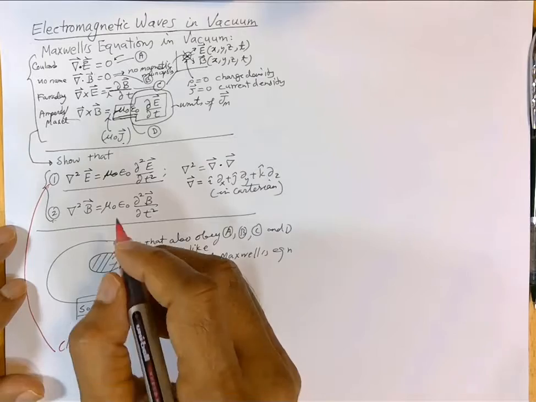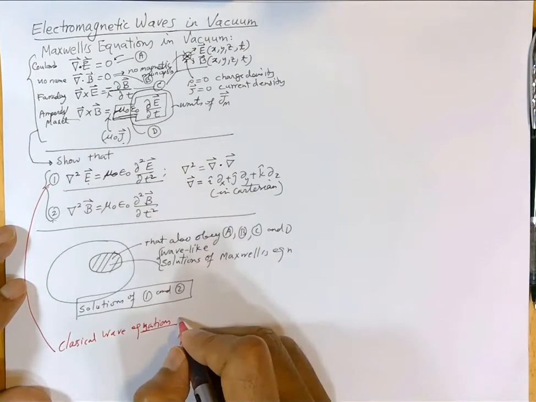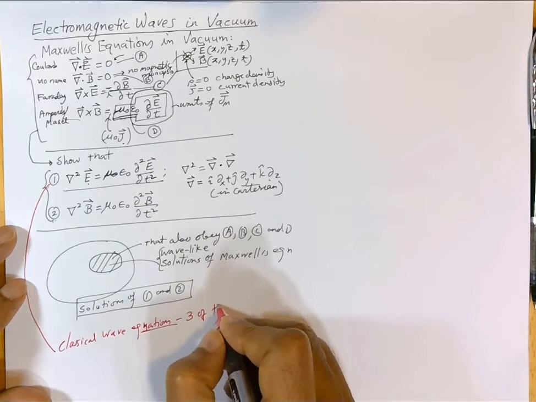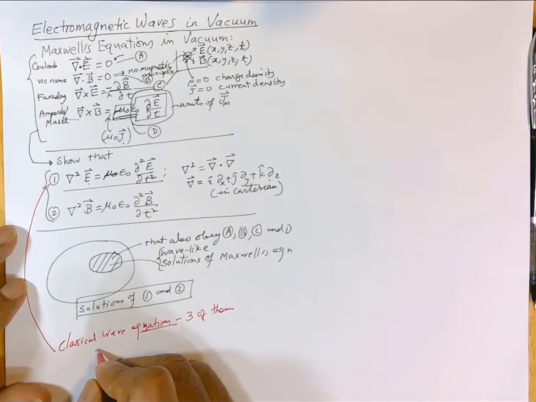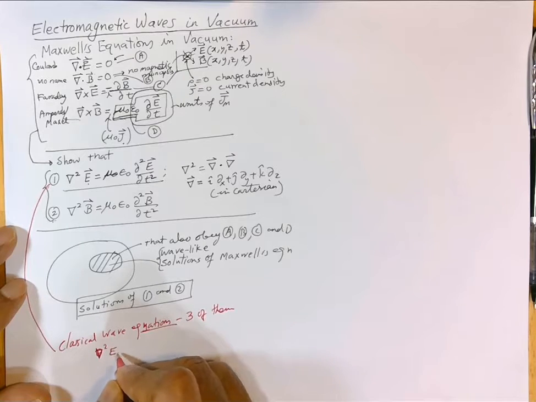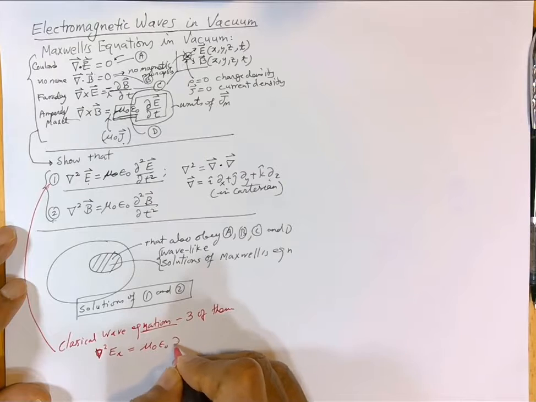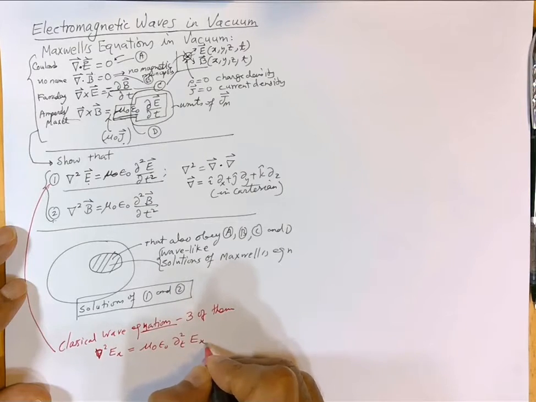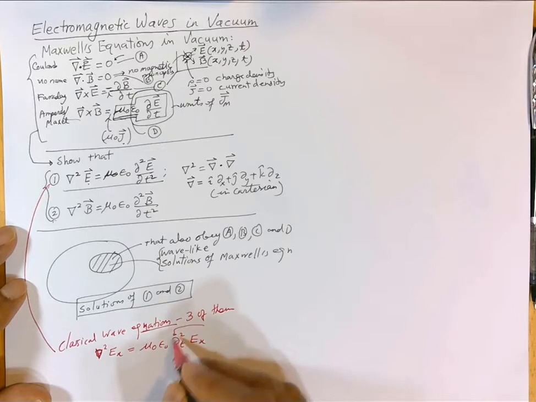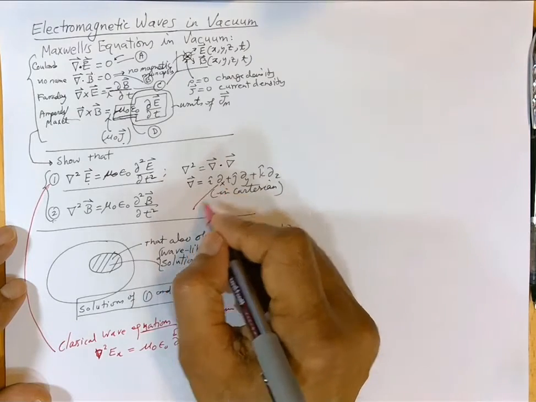There are 3 of them here, 1 for each component. So it's like del square Ex equals mu naught epsilon naught dt square Ex. I can use this shorthand notation like over here.